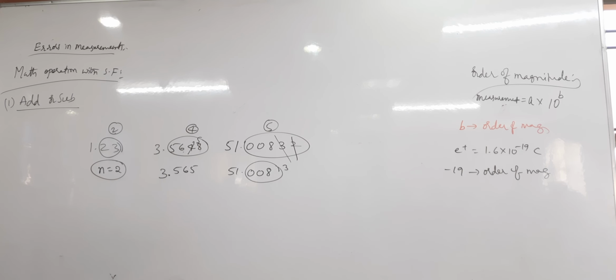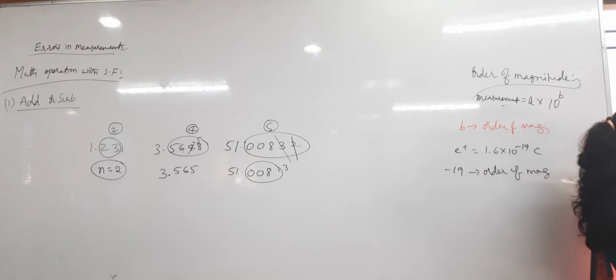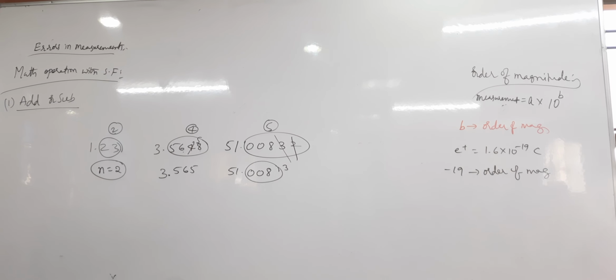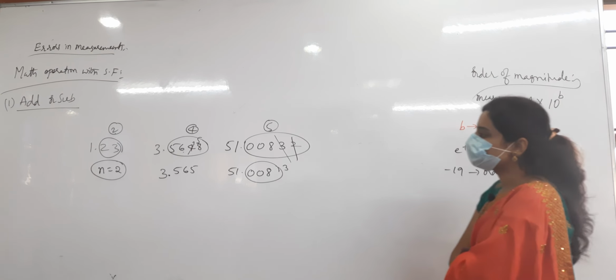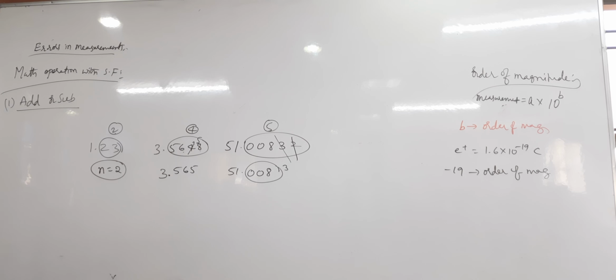Next step, second one: select the least number of significant figures as n, and the other numbers to be added should have either n or n plus 1 significant figures after the decimal point.